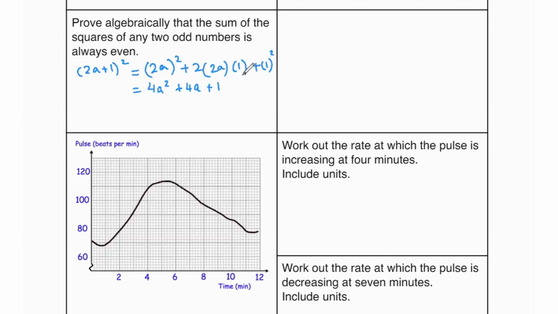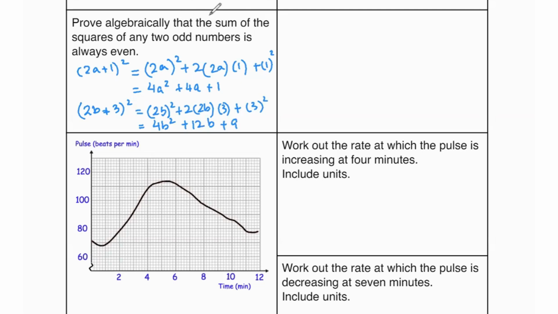Now let's assume that the other odd number is going to be 2b plus 3 squared. So that's going to be 2b squared plus 2 times 2b times 3 plus 3 squared, which is going to be 4b squared plus 12b plus 9.